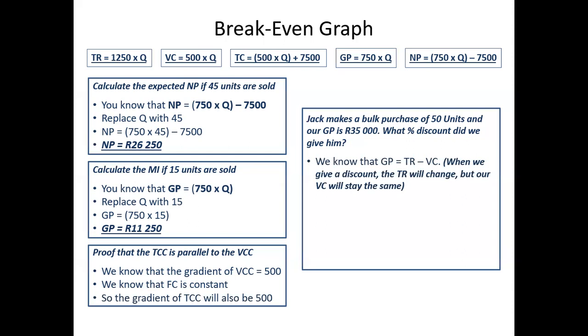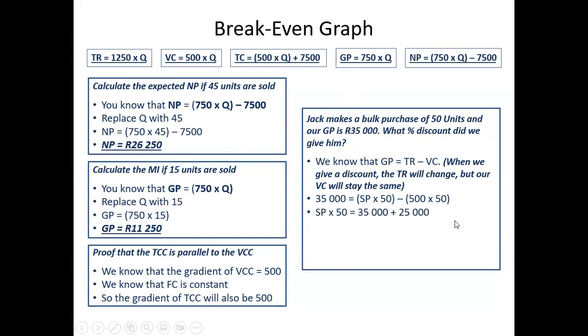And when we give a discount, the revenue will change, but our cost will stay exactly the same. So the 35,000 gross profit that is given there in the question is equal to my sales price times 50 minus my variable cost times 50. But remember, my variable cost, I can use the 500 because it didn't change.